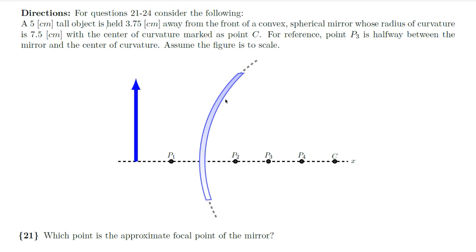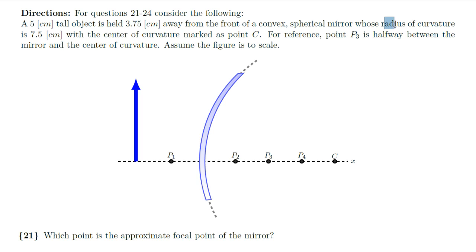For these questions, we have a spherical mirror. You can already see here that the mirror sticks out to the left towards the direction of the light, which means it's a convex mirror. I tell you that you have the height of the object, and that we hold it this distance away from the convex mirror. So the distance between the mirror itself and the object is 3.75 centimeters.